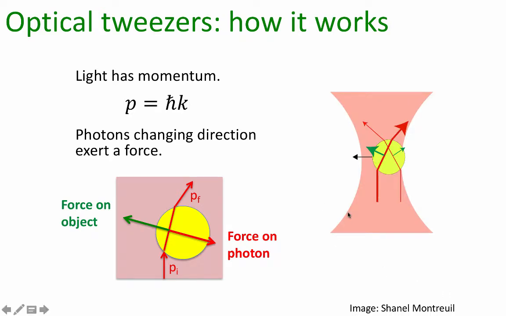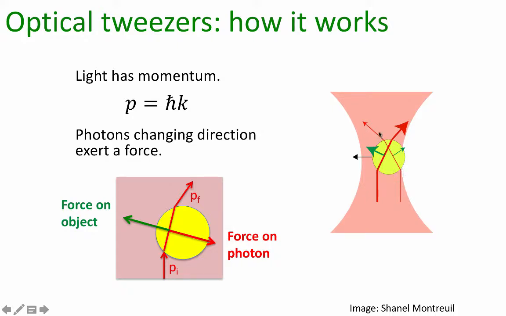When we look at our optical focused laser beam, this is what's happening. The photons closer to the center of the beam are more intense, and so they bend in the way that we drew in the picture on the left, and there'll be some force like this large green arrow in this general direction. Well, the photons from near the edge of the beam are less intense.